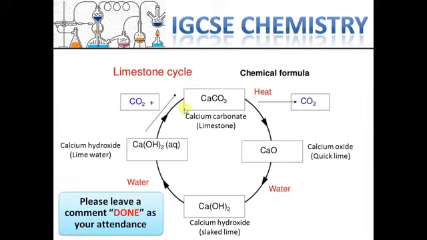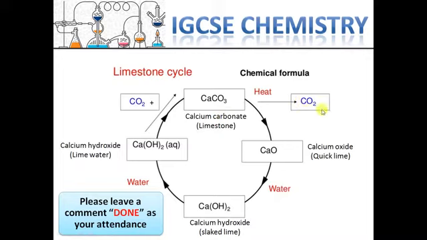When there is calcium carbonate or limestone in a place which is hot, where there is enough heat from the sun, like a desert region or other hot places, carbon dioxide can leave the limestone, as I said in the previous slide.